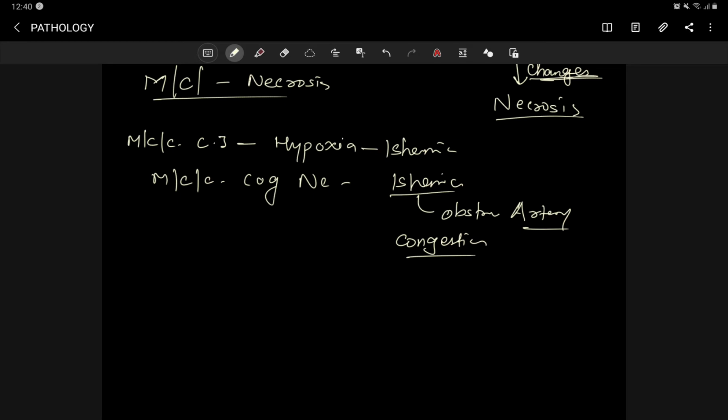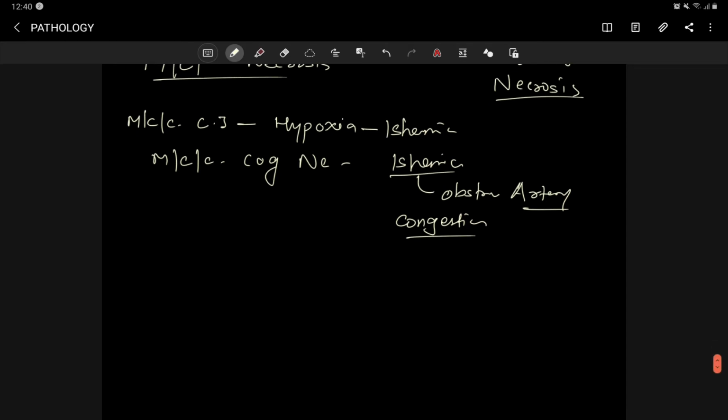But in coagulative necrosis, that softness or texture of the heart is getting lost and it becomes firm. It's like boiling an egg. If you boil an egg, the liquid inside the egg gets coagulated. Now you can peel it and hold it in your hand. Same, this is called coagulation.